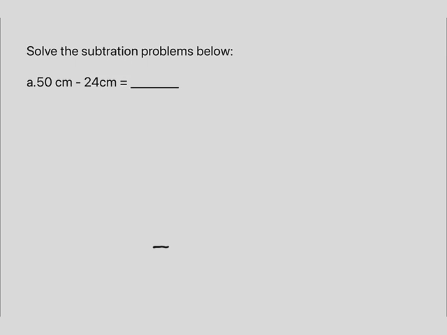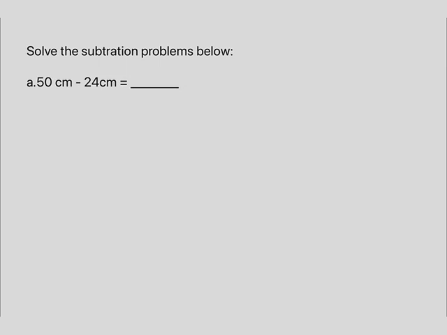For this problem, let us do the mental math. 50 centimeters minus 25 centimeters equals 25 centimeters. But since I am only subtracting 24, I need to add one more to 25. So the answer will be 26 centimeters.